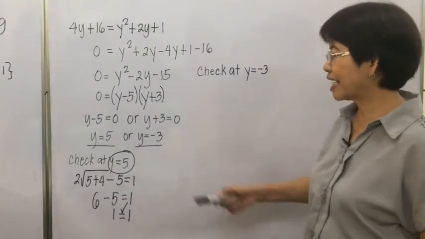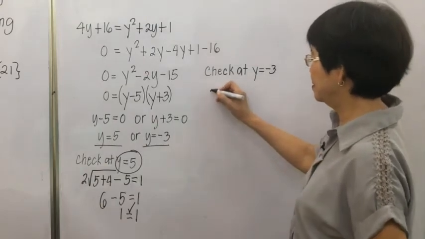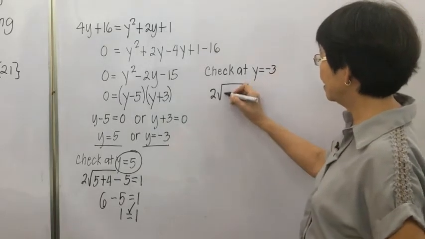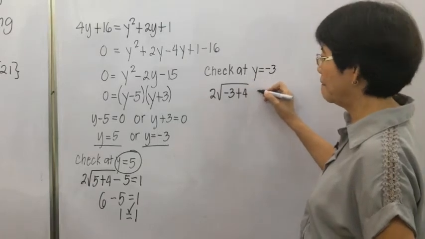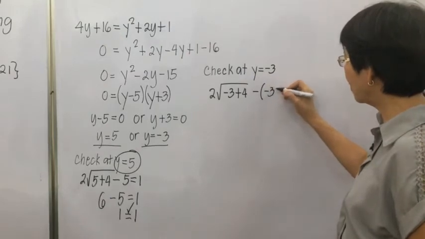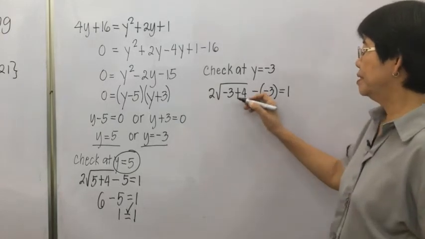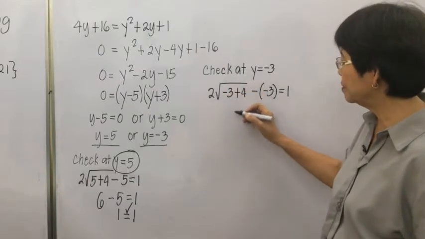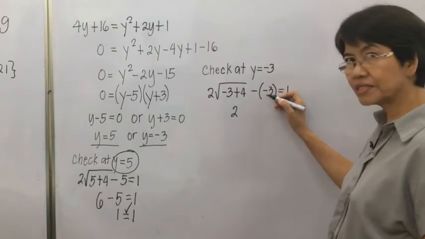Next, we have to check at y is equal to negative 3. So, 2 times the square root of y plus 4, you substitute negative 3. So, negative 3 plus 4 minus y, and you substitute negative 3 for y, equals 1. So, 4 minus 3 is 1. Square root of 1 is 1 times 2. So, we have 2. And then, we have negative times negative, positive.